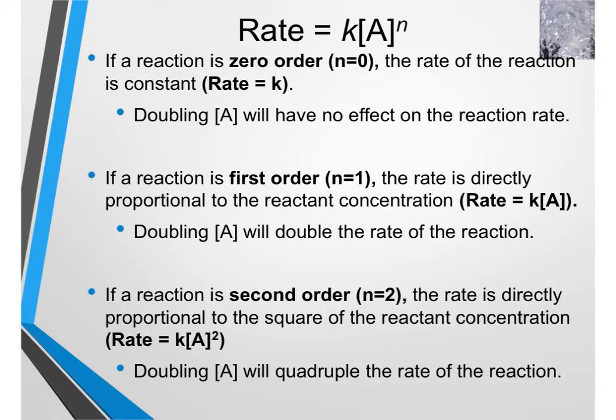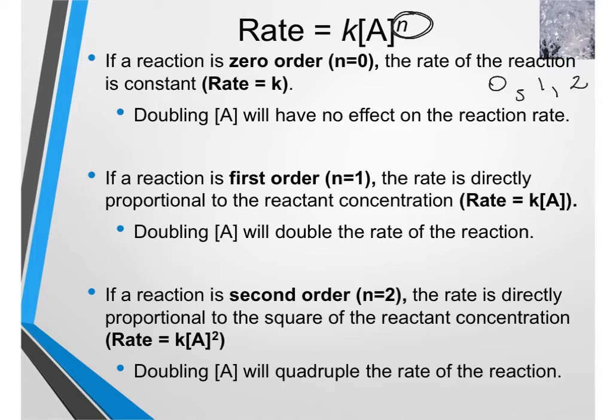So going through the different orders, the different exponents that could exist, from what I've seen, the values of the exponent 0, 1, and 2 are by far the most common, okay? It doesn't really get much higher than 2.